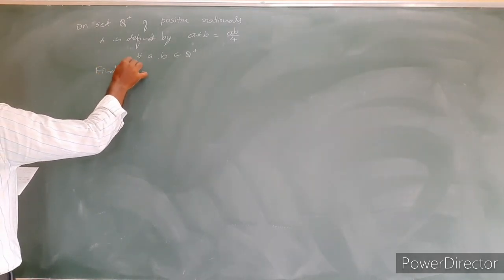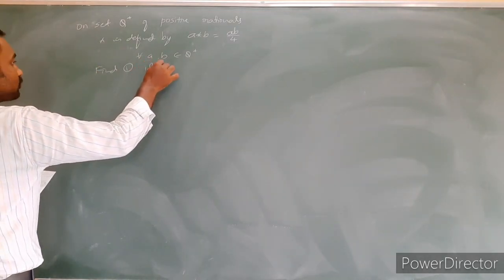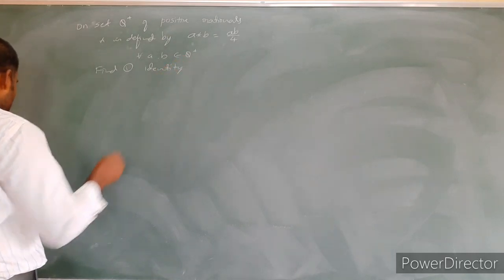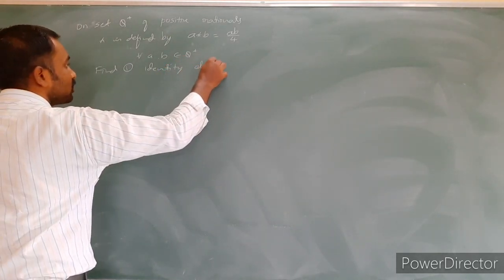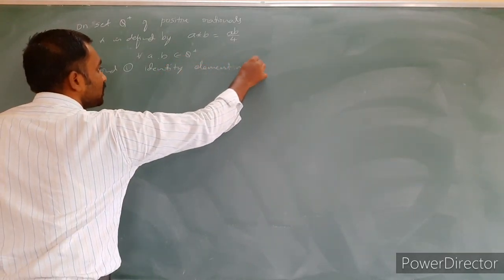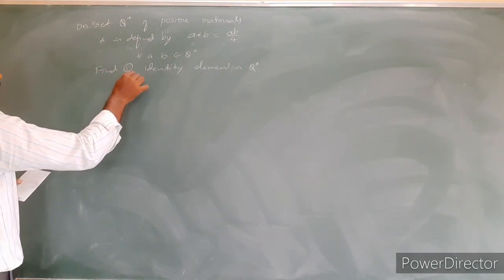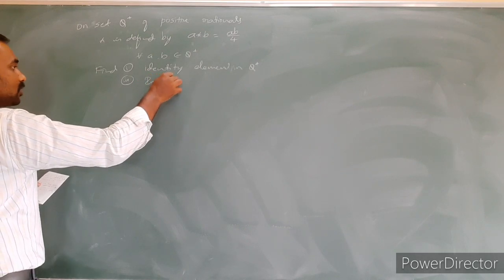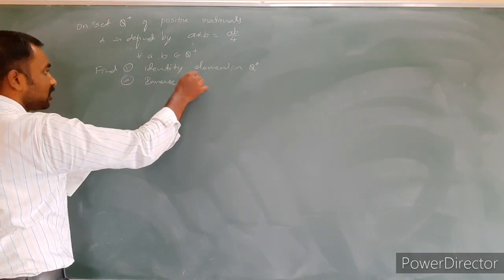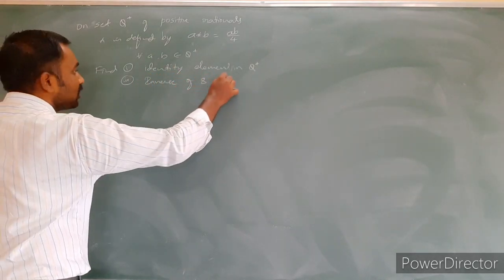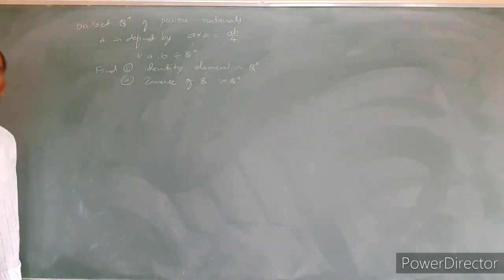Find the identity element on the set of positive rationals, and also find the inverse of the element 8 in the set of positive rationals.